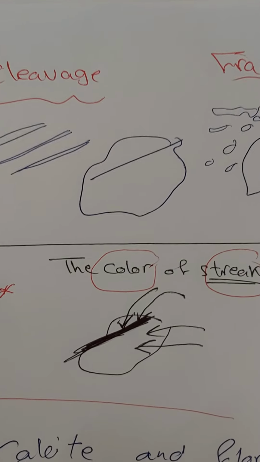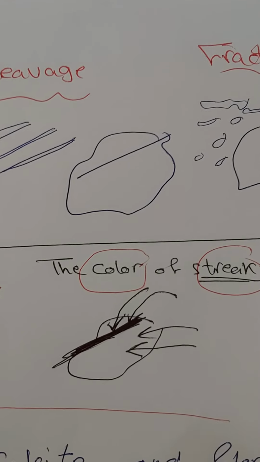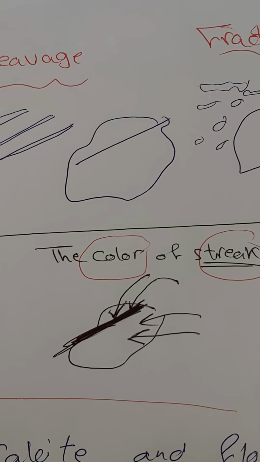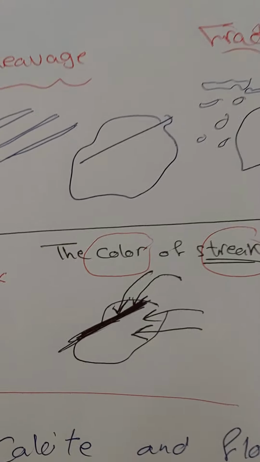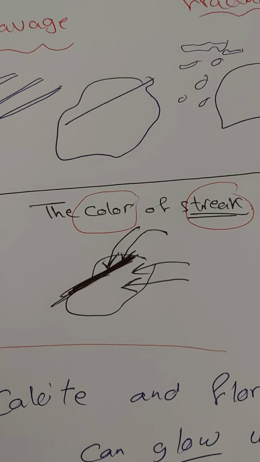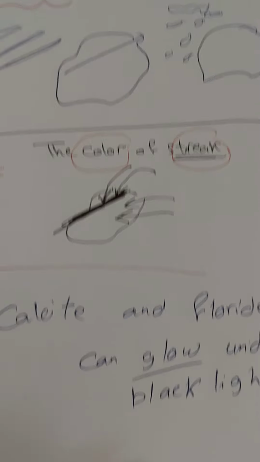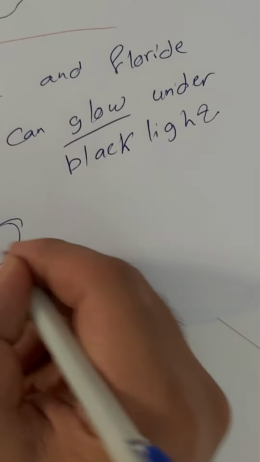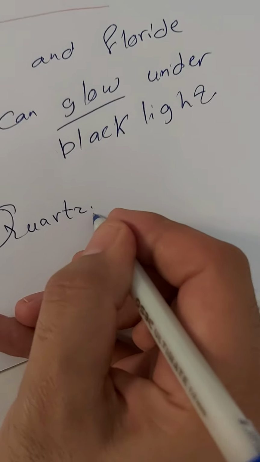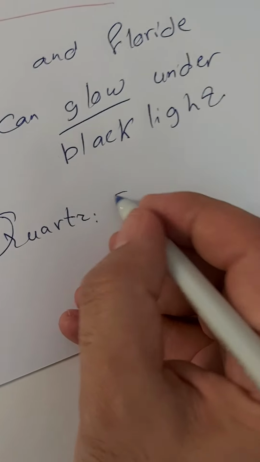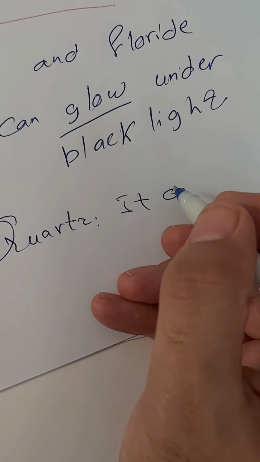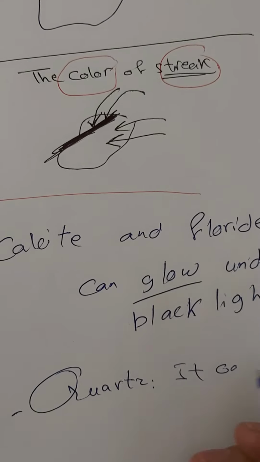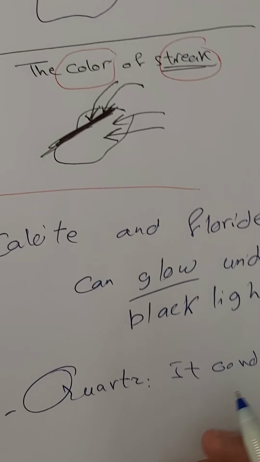This is an example. And some minerals can be identified by another property, like quartz, which conducts electricity.